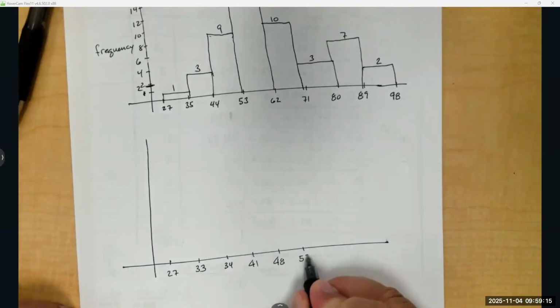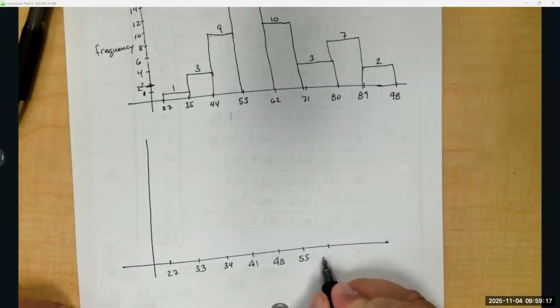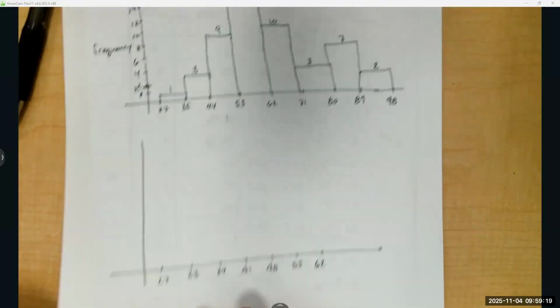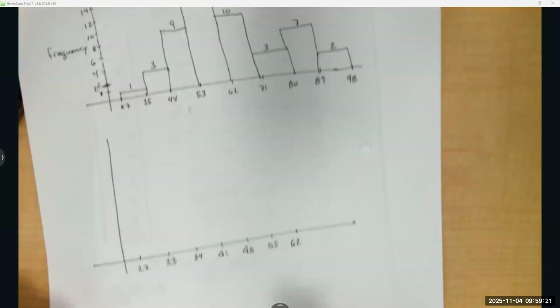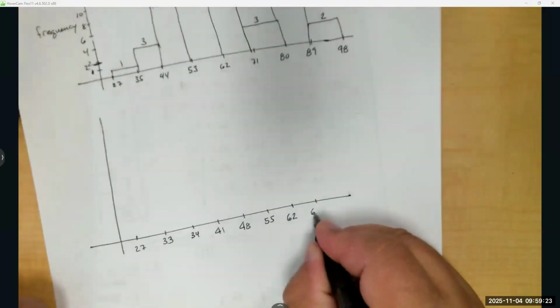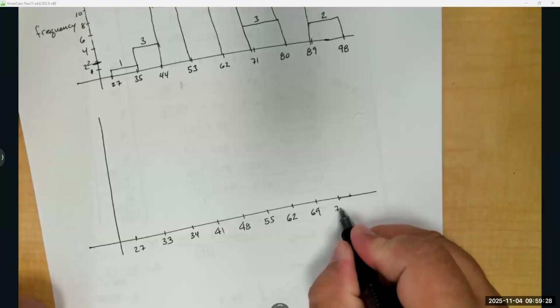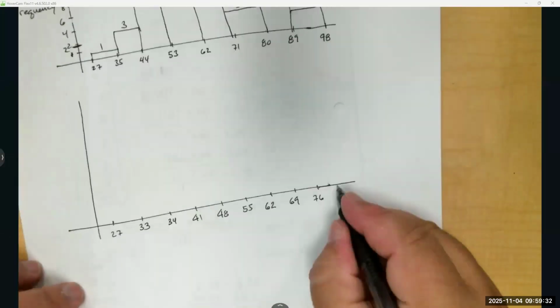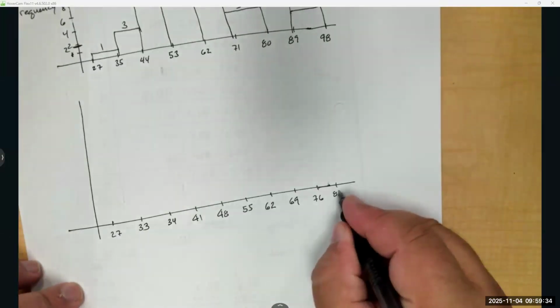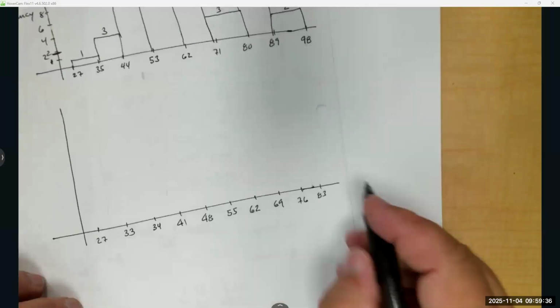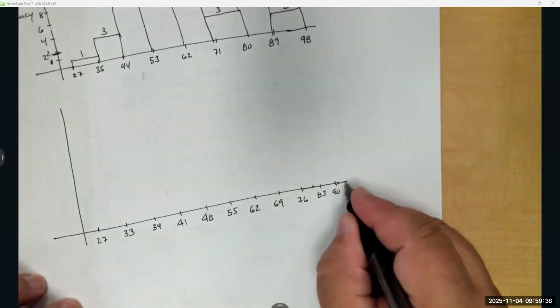Then to 55. 62. 69. 76. 83. 90 to 96. Crap, ran out of space. I can't move it over.